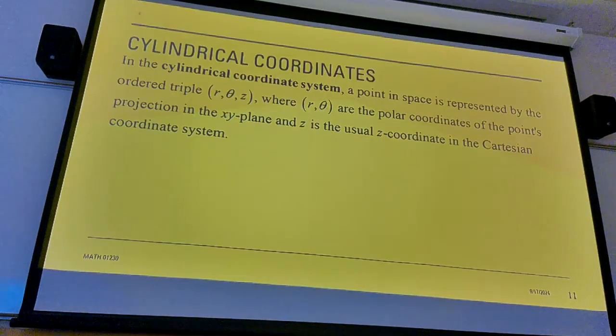What is theta in polar? Okay, how's the angle being measured? Which x-axis?